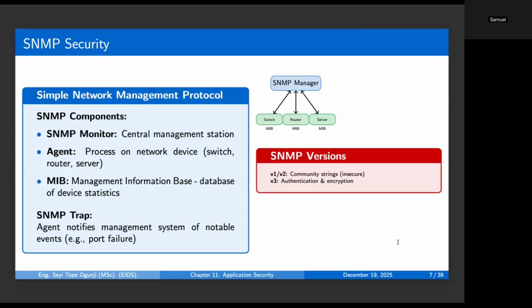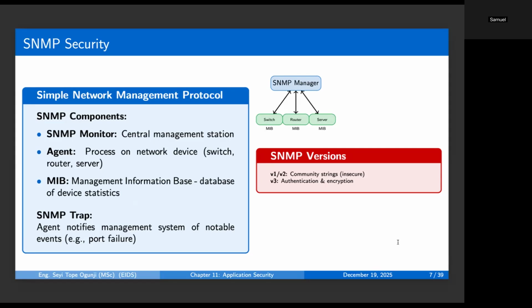The building manager says, I am the one in charge of this building and I have an asset list. Let me check, I have 10 assets in this building. Then let me check my checklist and be sure that the 10 assets are actually present. So that's what SNMP does. SNMP is like a building manager who checks on all the machines in the building.